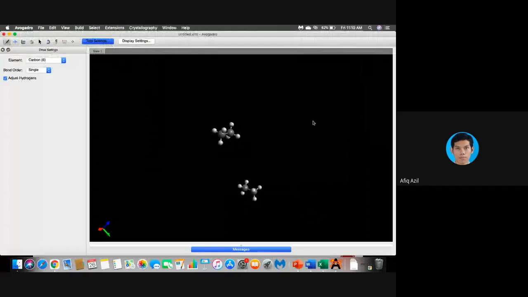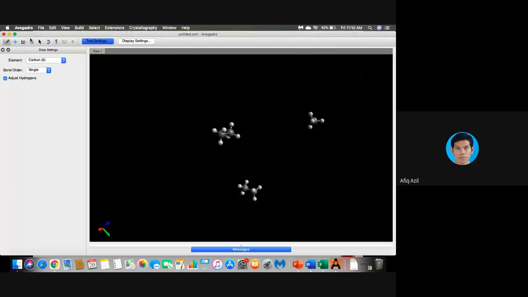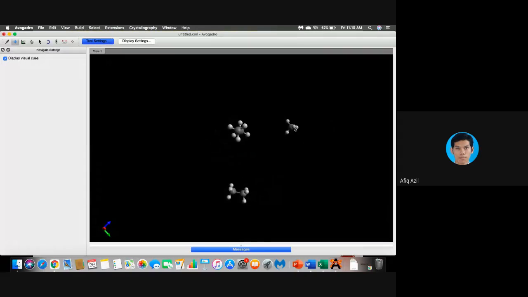So what does it mean? Let's say I draw a carbon like this, and this carbon has all hydrogens. But what if I change one to chlorine, another to bromine, and this one is an OH group, and the other remains hydrogen.